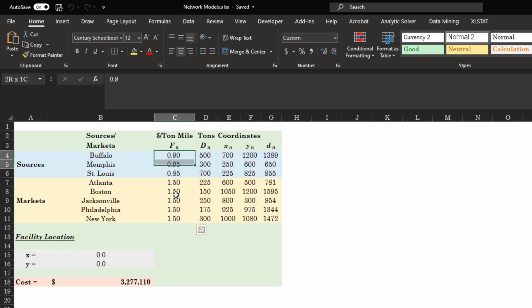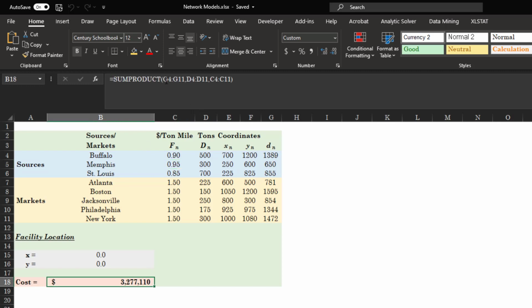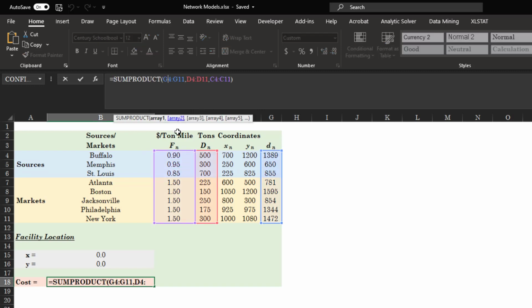So when you multiply this times this times this, you will actually get your cost for Buffalo, for the markets, if it's sourcing from Buffalo. And similarly that. So therefore some products have 3 columns. The first column is the distance, second column is your tons, and third column is dollars per ton.